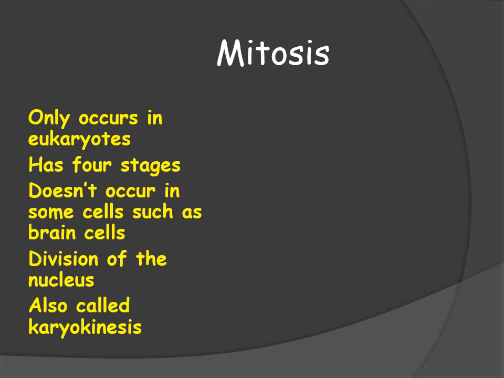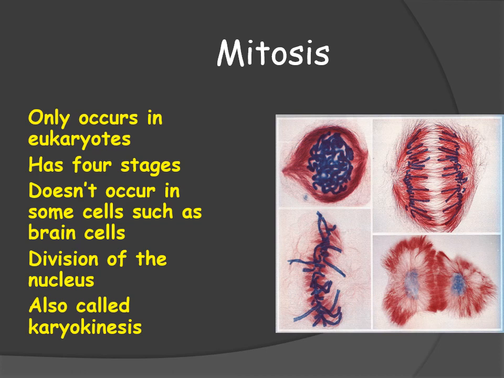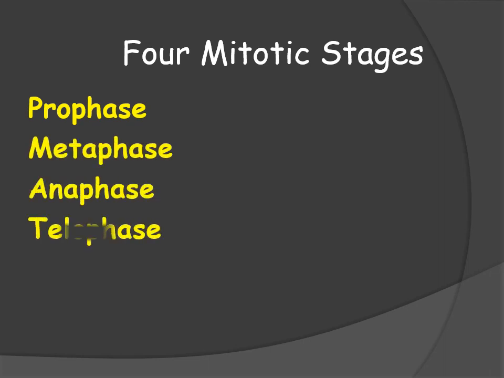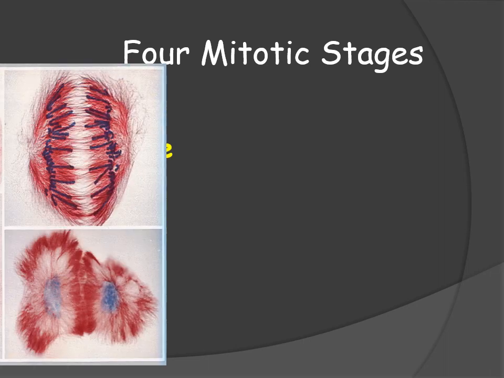Division of the nucleus, meaning that the DNA is separated equally, it's identical in both daughter cells, is called karyokinesis. Okay, and there's the four stages of mitotic division. Okay, prophase, metaphase, anaphase, and telophase.